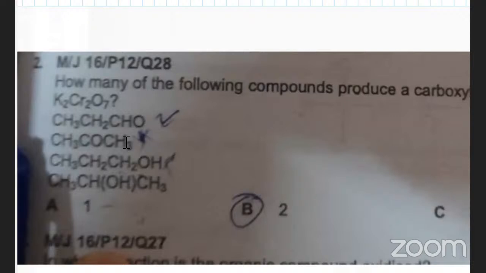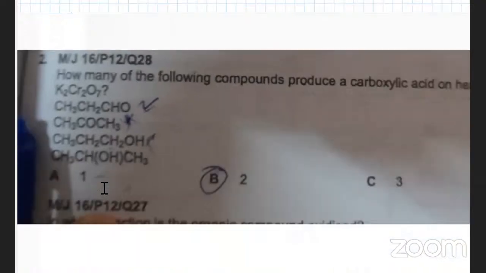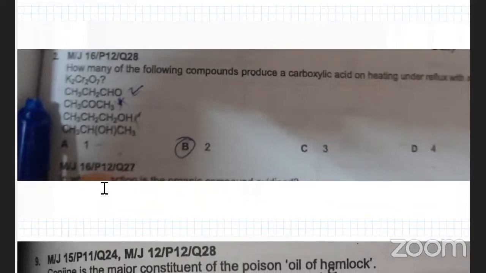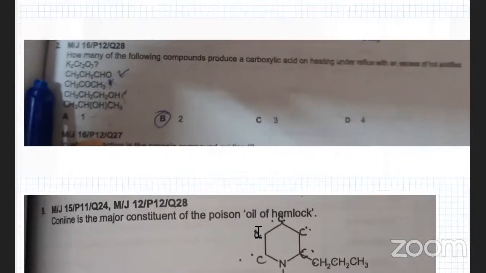Second one, no, that's a ketone. Third one, yes. Fourth one, yes. This one, no, that's a secondary alcohol. This carbon has 2 carbon chains attached to it, so that's a secondary alcohol. So the answer is going to be B, it's going to be 2 for this.